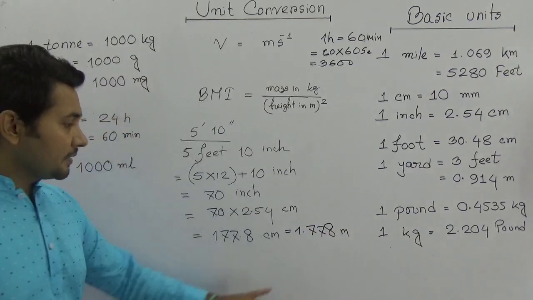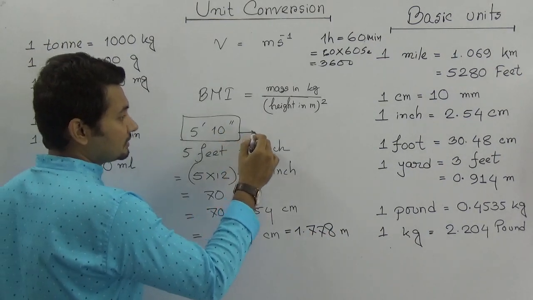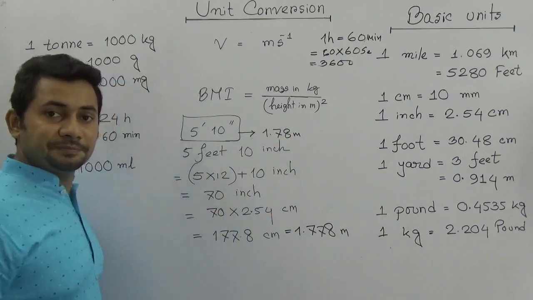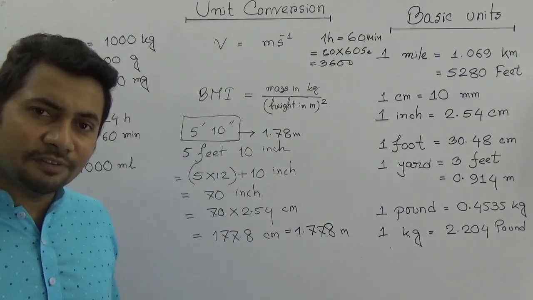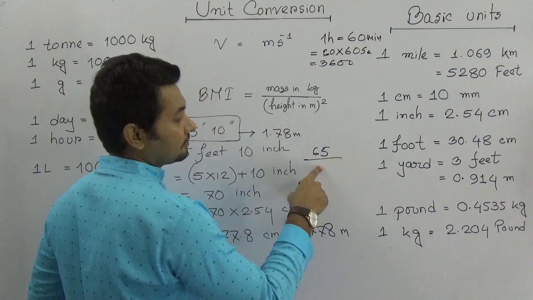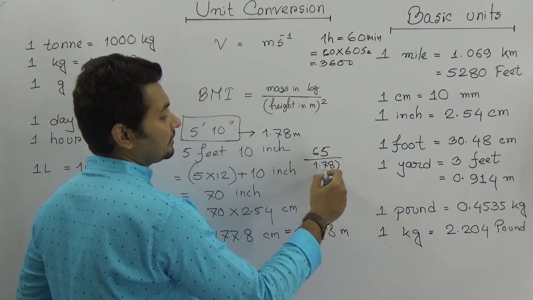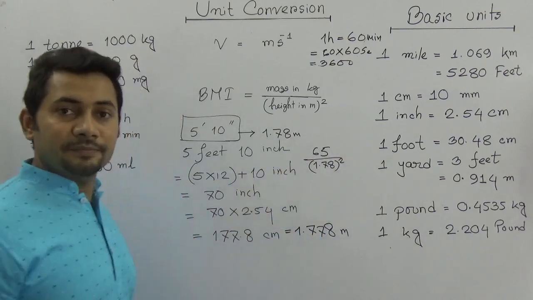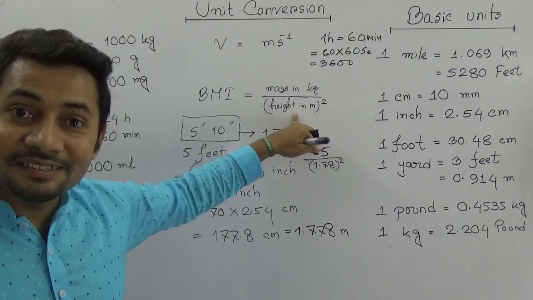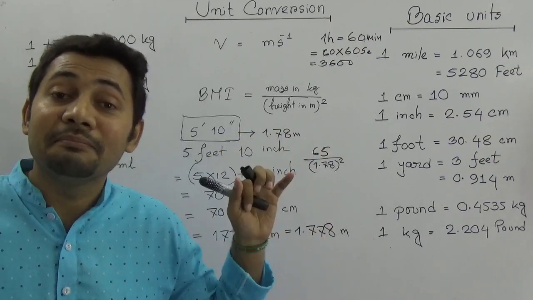So right now 5 feet 10 inches is actually 1.78 meter. If he is 65 kilogram, then the BMI would be 65 kilogram divided by 1.78 whole square. So we can easily find this square is in meter, and 65 is the kilogram of that person's body mass.